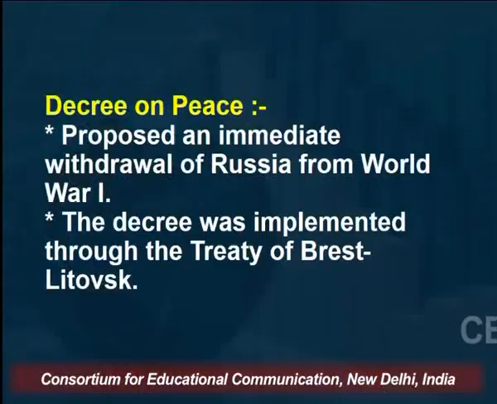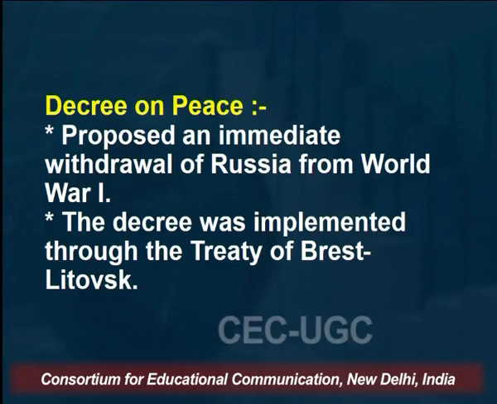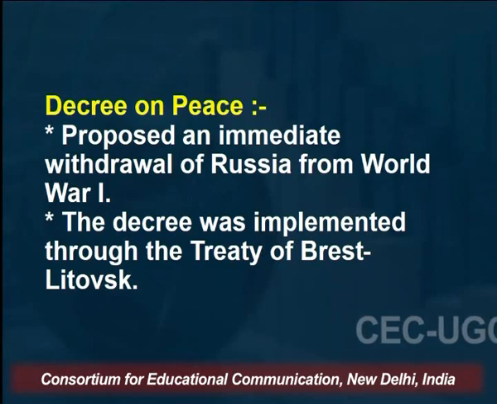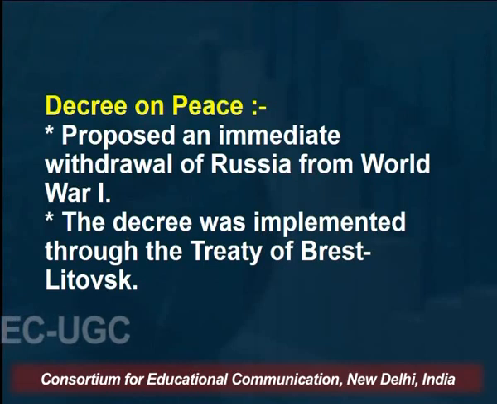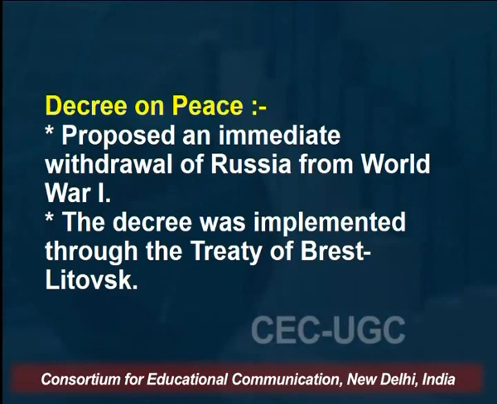It is very important to understand that it abolished private ownership of land. Further, the Decree on Peace proposed an immediate withdrawal of Russia from the First World War, and the decree was implemented, as discussed, through the Treaty of Brest-Litovsk.